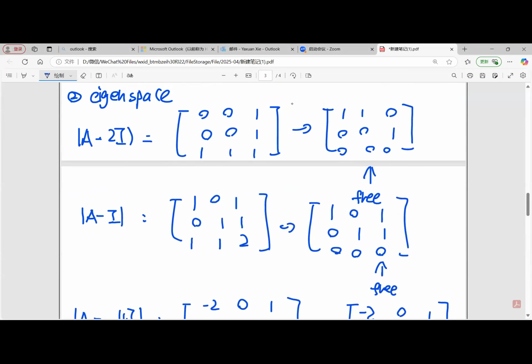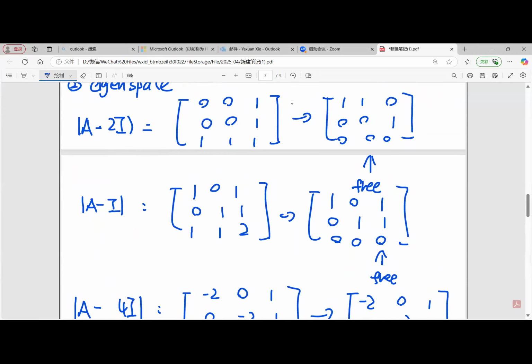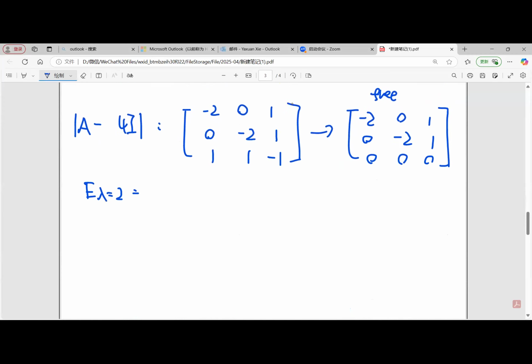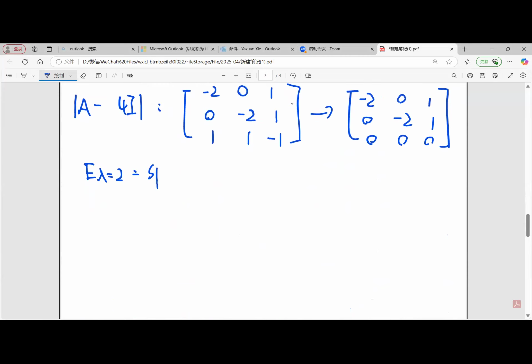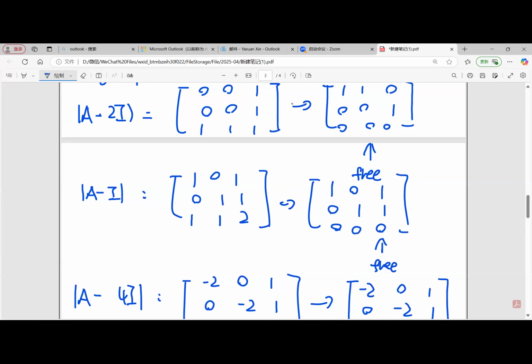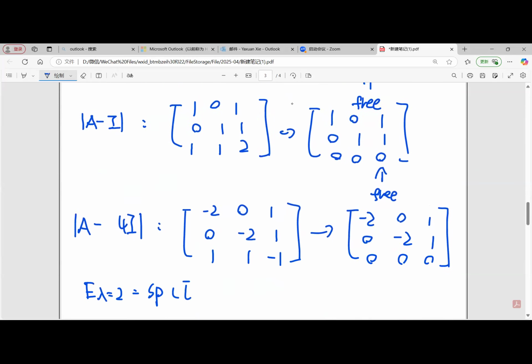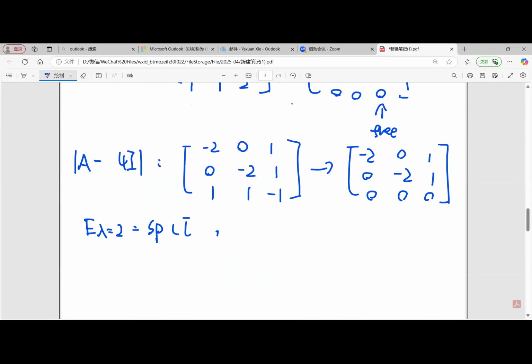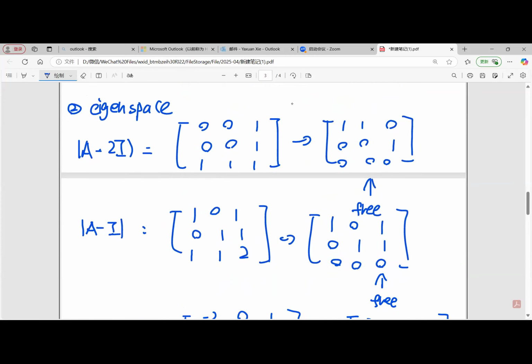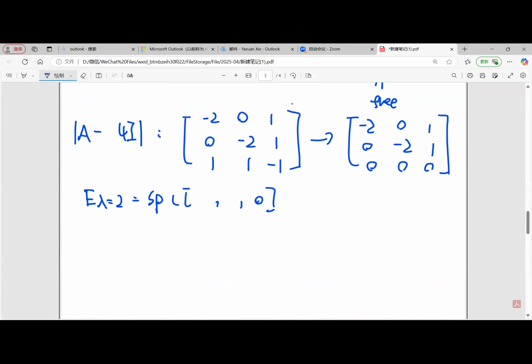So for eigenvalue 2, we want to get the vectors, and we know that there is only one free variable, so there's only one vector in our space, and this vector should have the third entry be 0, and we want the first and the second to add to 0, so 1 and minus 1.